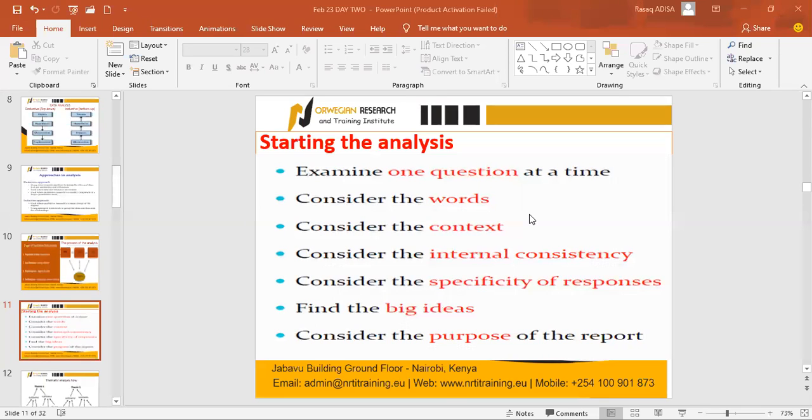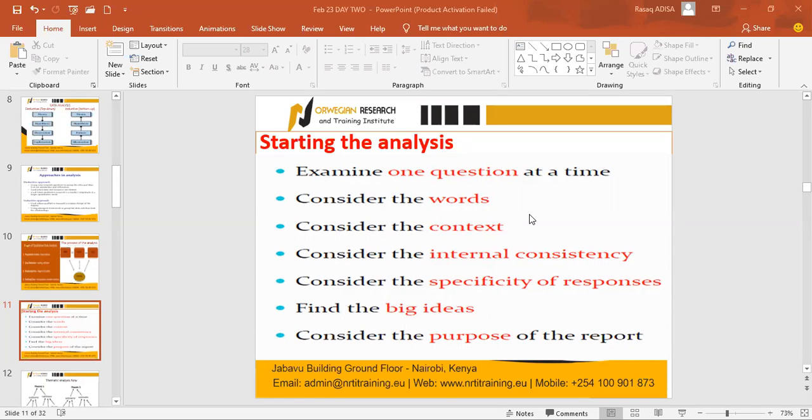So by the time you are doing the analysis, you have to consider the context under which somebody is saying they are terribly short of water. Note certain reactions of that person when he's expressing that. Some people may shed tears in the course of explaining that to indicate the depth of their suffering.